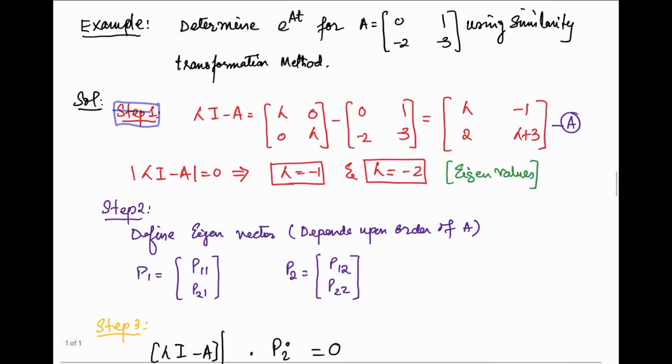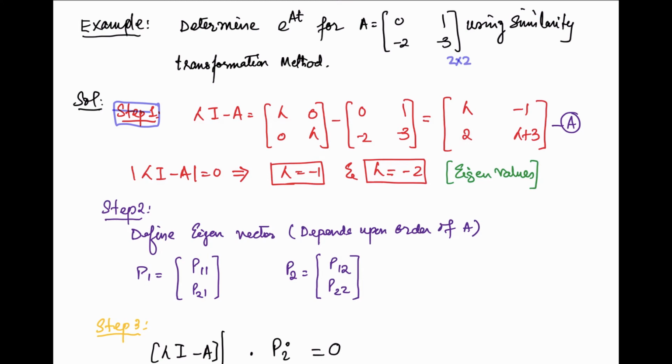Okay, so after determining that one, you are going to define the eigenvectors. So the given system is of order 2 cross 2. So there will be two eigenvectors. So the first eigenvector, let's suppose that is p1, will consist of these two values p11 and p21, and the second eigenvector, p2, will be equal to p12 and p22 for a system of 2 cross 2.